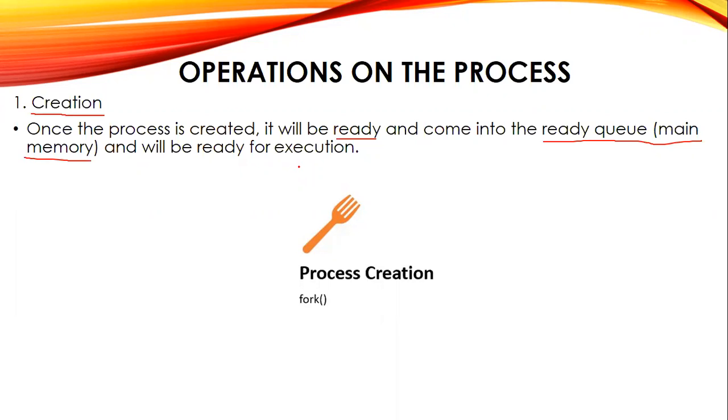You will see this after a few slides. By the way, we are going deeper and we will see much more detail after seeing more slides. That's why when a process is created, it comes into the ready queue.